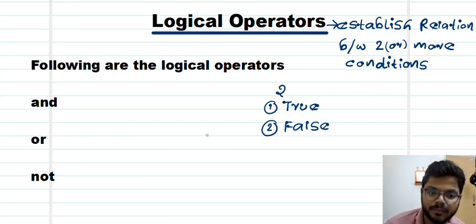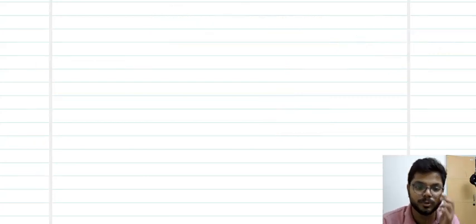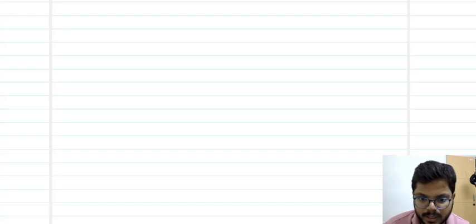Now I will tell you how the AND works, how the OR operation works, and how the NOT operation works for us in a tabular form. Suppose we are having two conditions. I will make a line arrangement.